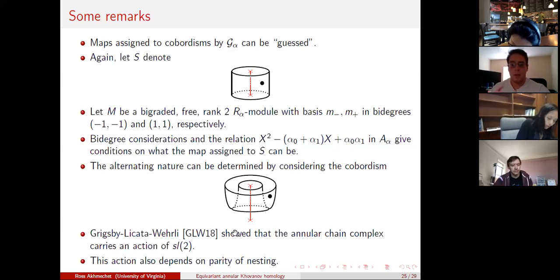And the action also depends on parity of nesting of the essential circle. So SL2 acts trivially, by 0, on the trivial circles, and on the essential circles it's like the fundamental representation, but there's a sign that comes up based on parity of the nesting. So this alternating idea shows up elsewhere, is the point I'm trying to make here.